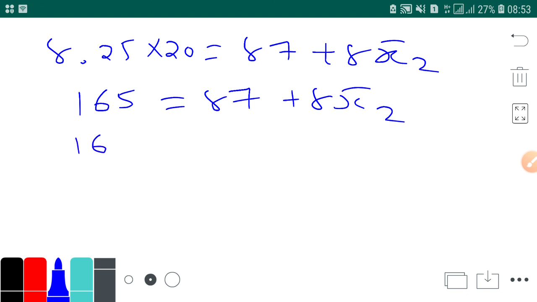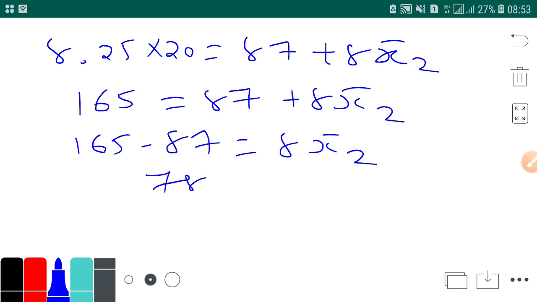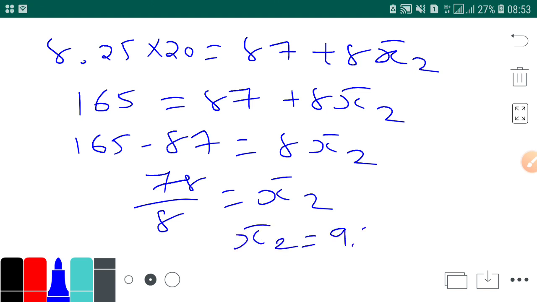Now this 165 minus 87 is equal to 8 into x bar 2. So 165 minus 87 is 78. 78 upon 8 is x bar 2. So x bar 2 is basically 9.75. Okay. So now what is your answer? Your answer is 9.75.